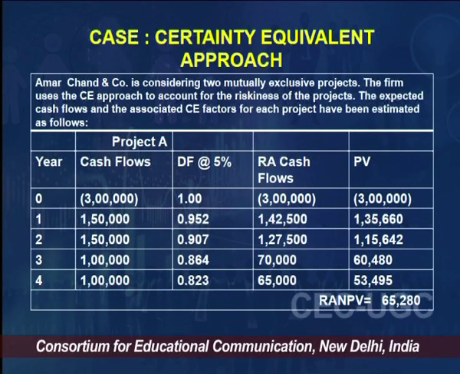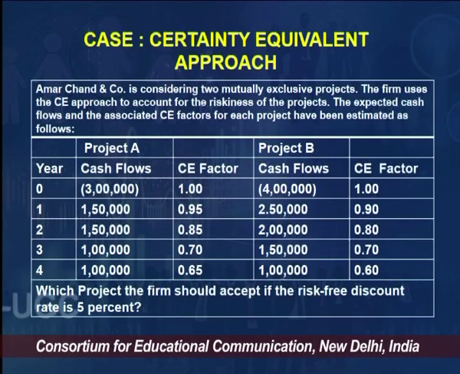So, I hope you are clear with the first step. In that first step you refer the question, we took the CE factor which is there in the third column of this table, we multiplied it with the values of cash flows given in the second column, and from the bottom I started 1 lakh, 1 lakh, 1,50,000 and 1,50,000.